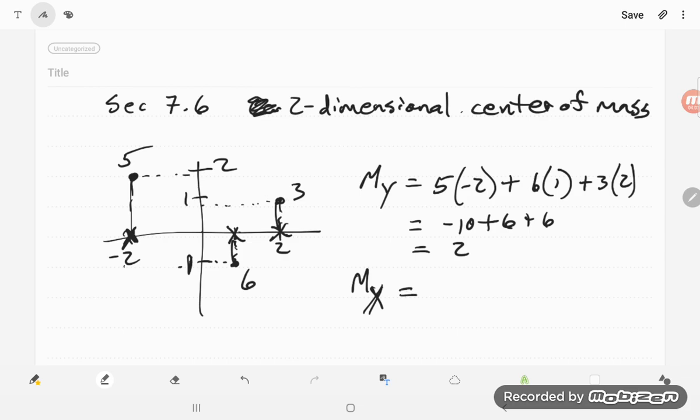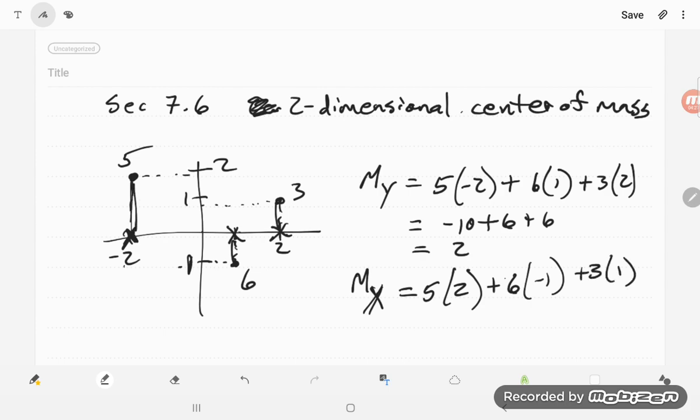So I will get my 5 times a +2 this time, and 3, well, I'll do the 6 first, I guess. 6 times -1 for that distance, and then plus 3 times 1.